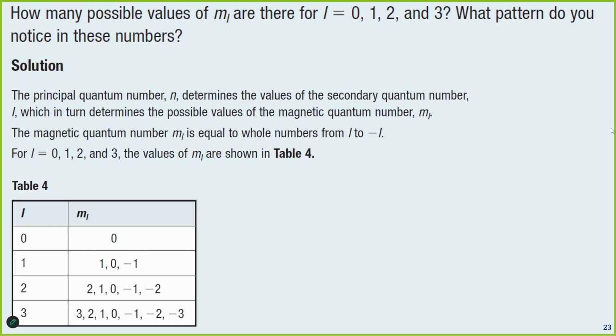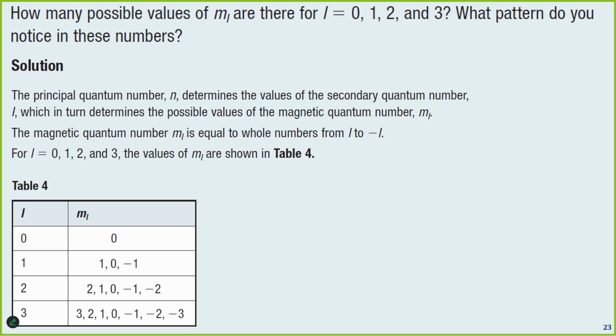Alright, let's have a look at the solution together. So the principal quantum number n determines the values of the secondary quantum number, right? Which in turn determines the possible values of the third quantum number, or the magnetic quantum number ml. The magnetic quantum number ml is equal to whole numbers ranging from positive L to negative L. So for L equals 0, 1, 2, and 3, the values of ml are listed in table 4 as follows.